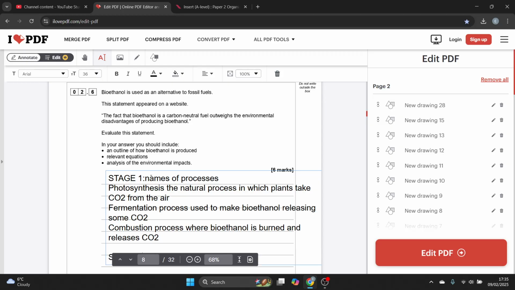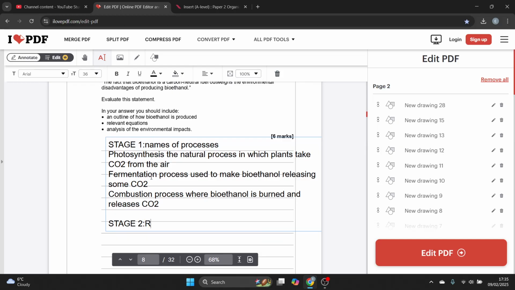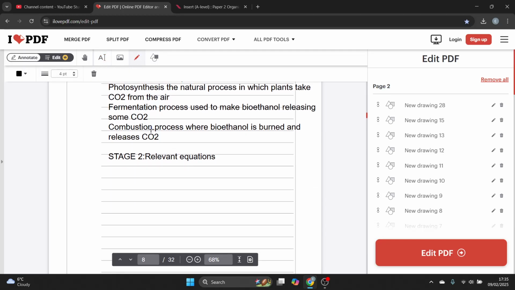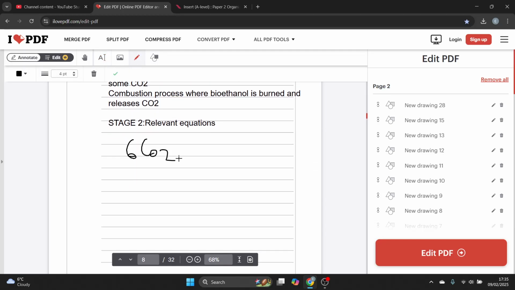Stage 2, the relevant equations you have to memorize. So 6 CO2 plus 6 H2O forms C6H12O6 plus 6 O2.